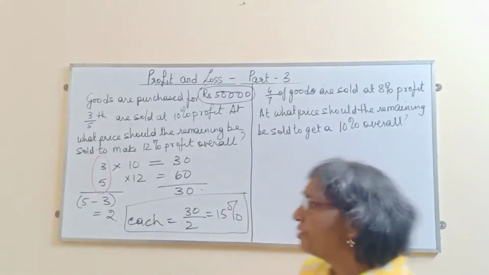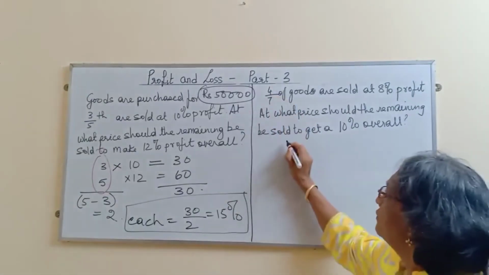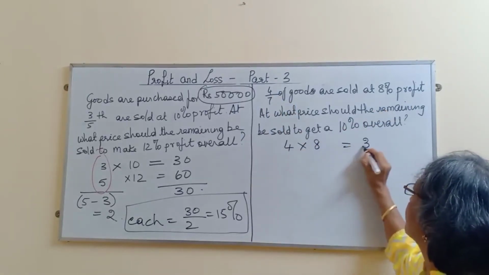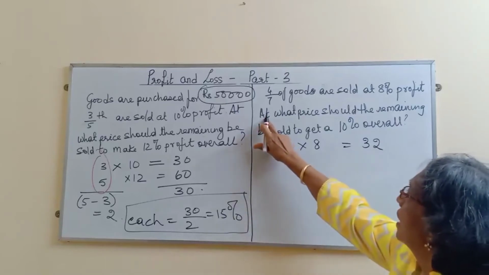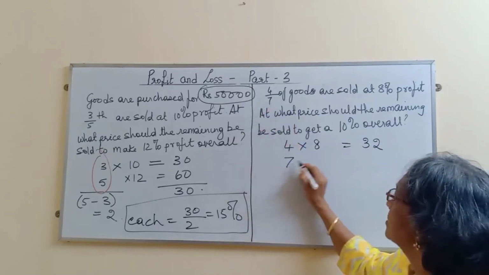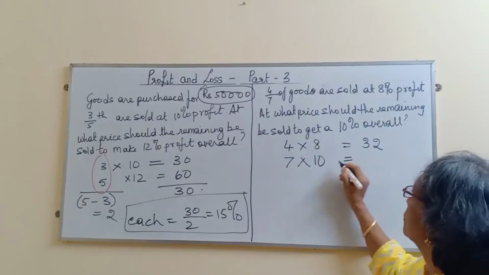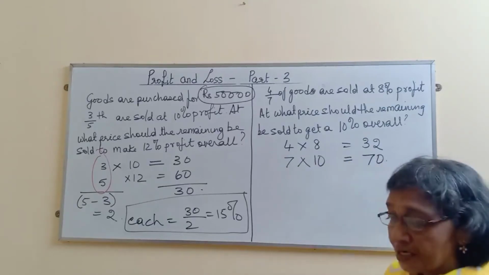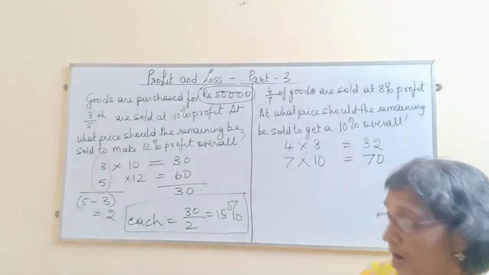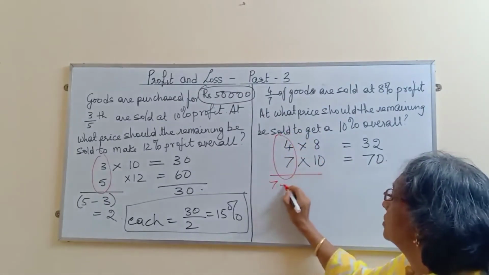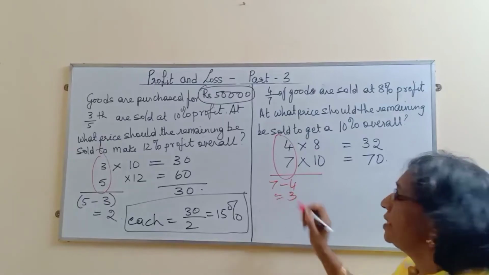So let's do the same thing here. 4/5, so 4 into 8, that is going to be 32%. Now you have 7 articles. The 7 are going to be sold at 10% each. So that is 70. But how many are left here? What we are left with, from the 7 the 4 goes. So you are left with 3 here.